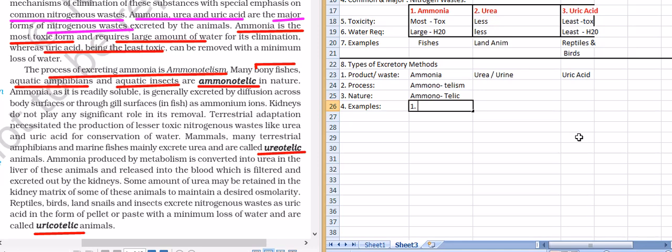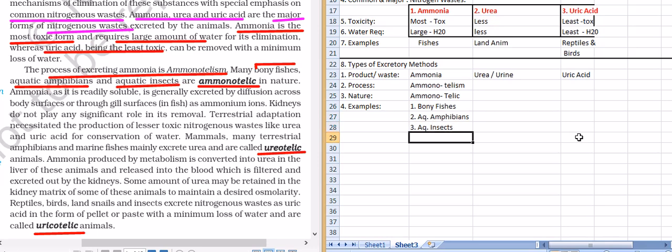One, what is the first one? Bony fishes. Especially they are called osteichthyes, that you have to remember. Second, aquatic amphibians. Third, similarly, aquatic insects. So here we have three examples.